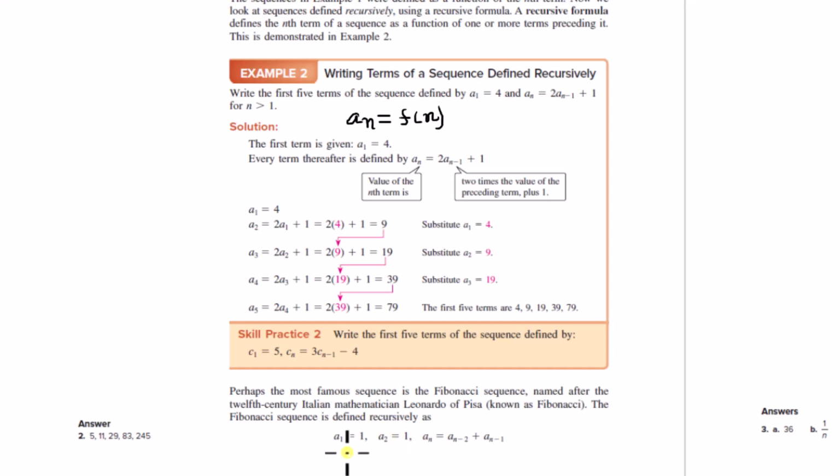So here a sub 1 is equal to 1, a sub 2 is equal to 1. This recursive formula gives you a really good sense of what the Fibonacci sequence is. But you could write this as just an a sub n non-recursively, and it probably wouldn't have any meaning to it. You couldn't look at the a sub n and understand what that means. But here it's really clear. So this recursive formula is valuable for the Fibonacci sequence.